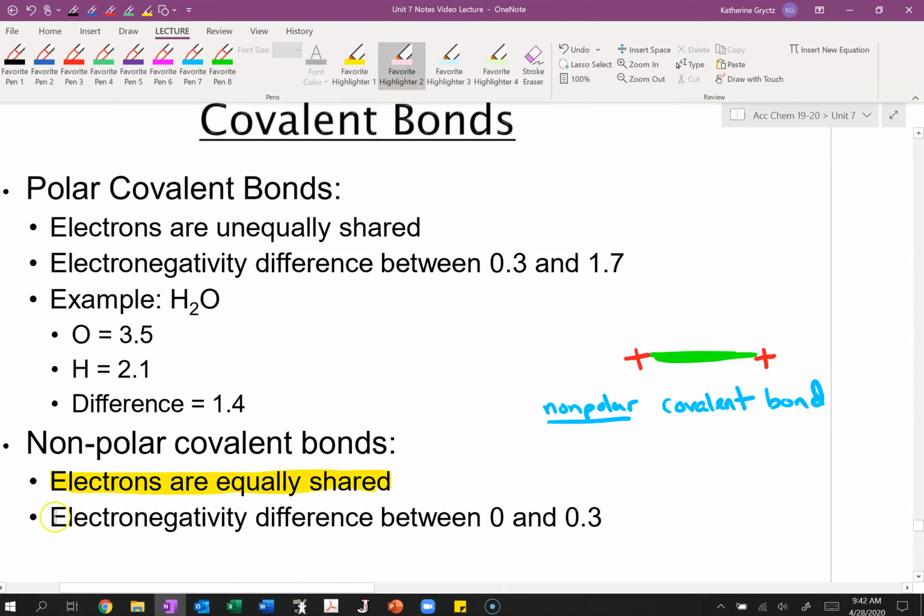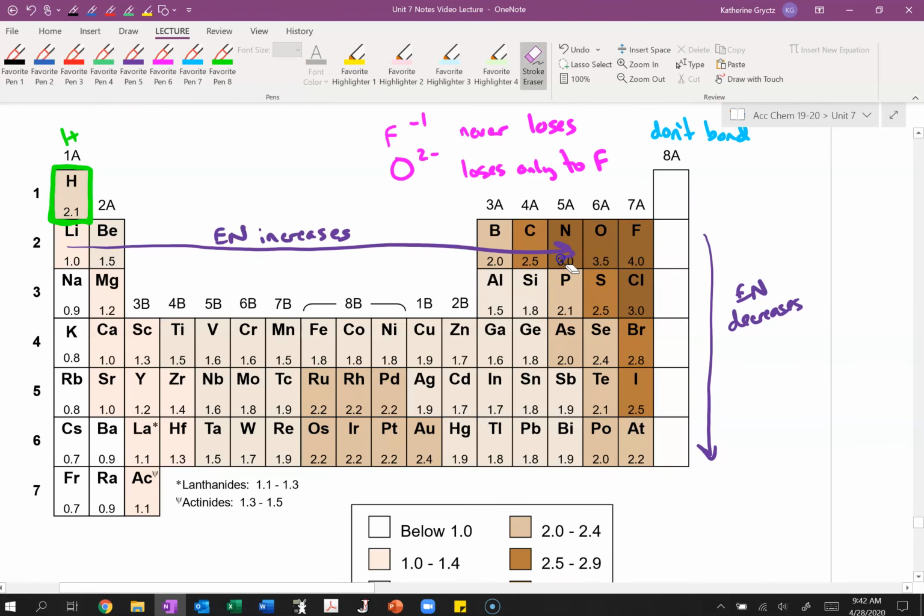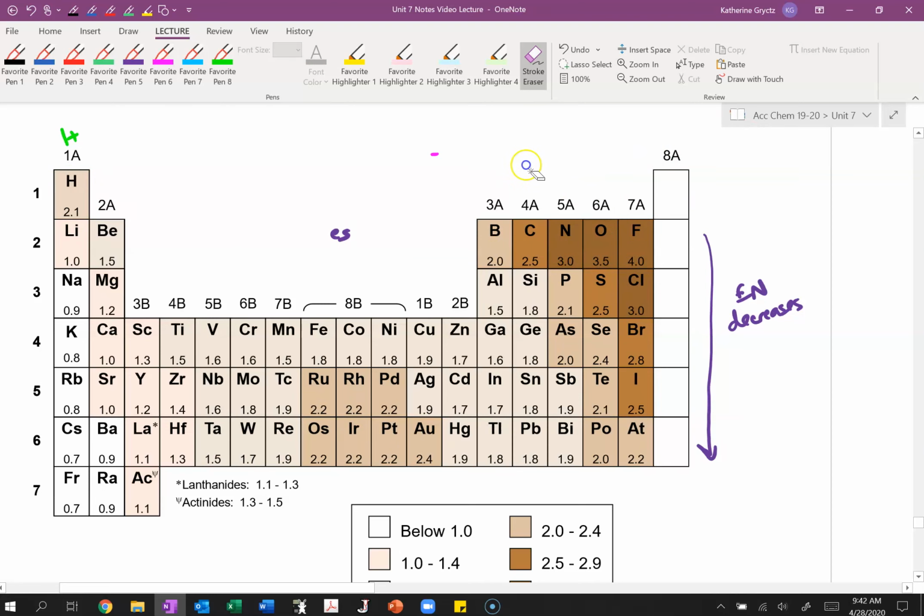And where we have defined this is that if their electronegativity difference is between 0 and 0.3. And it's important that you notice that it says the difference. So looking back at these rankings, if you put two atoms together where their differences were less than 0.3, or from 0 to 0.3, so let's say we put boron and phosphorus together.